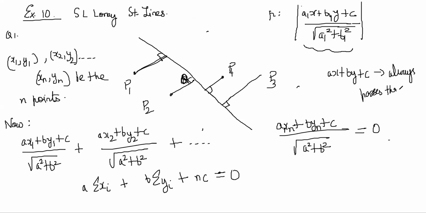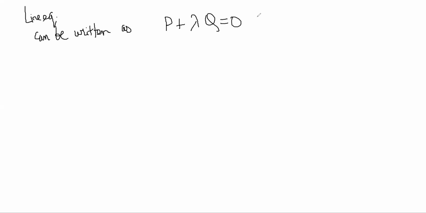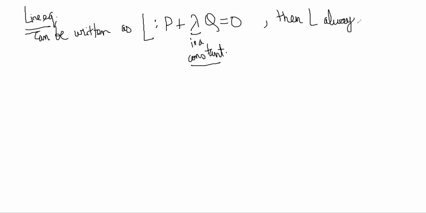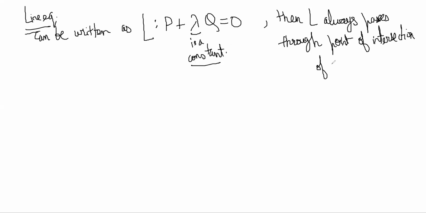So generally, the theory that we have learned is that if any line equation can be written as p plus lambda q is equal to 0, where lambda is a constant and p and q are the equations of lines, then this overall line capital L always passes through the point of intersection of p and q.